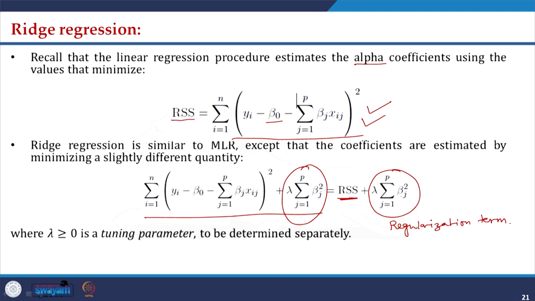And what is this saying? Here, I am also minimizing the sum of squares of my unknown variables multiplied by a regularization parameter lambda. So, what will it do?